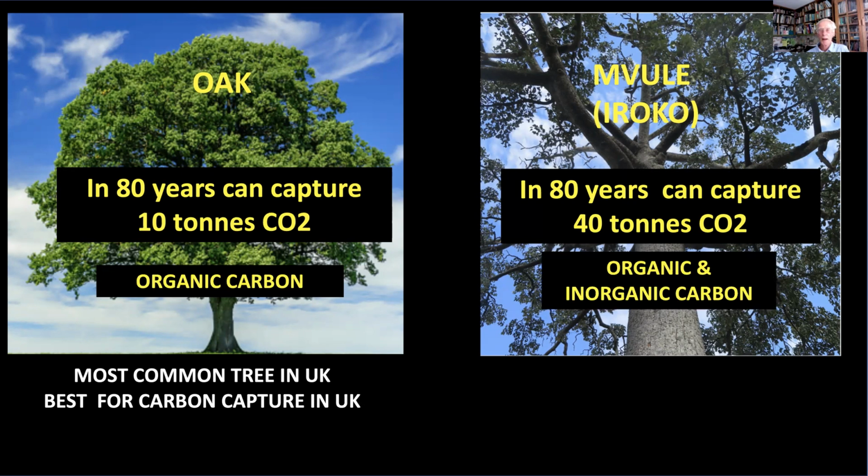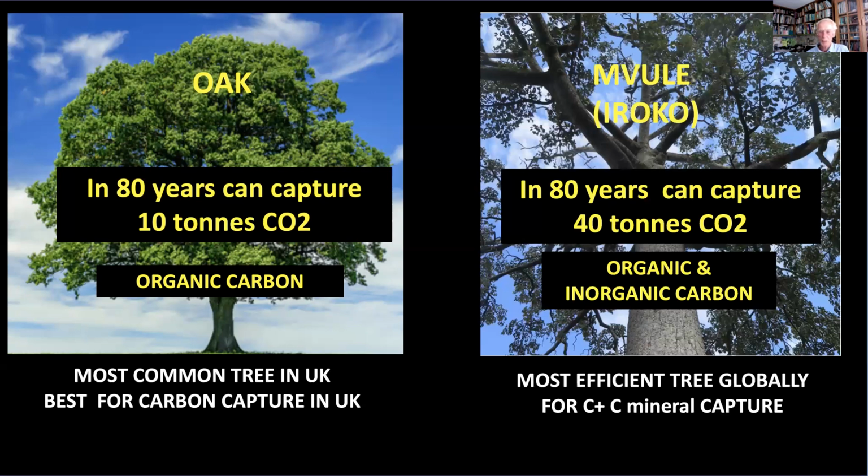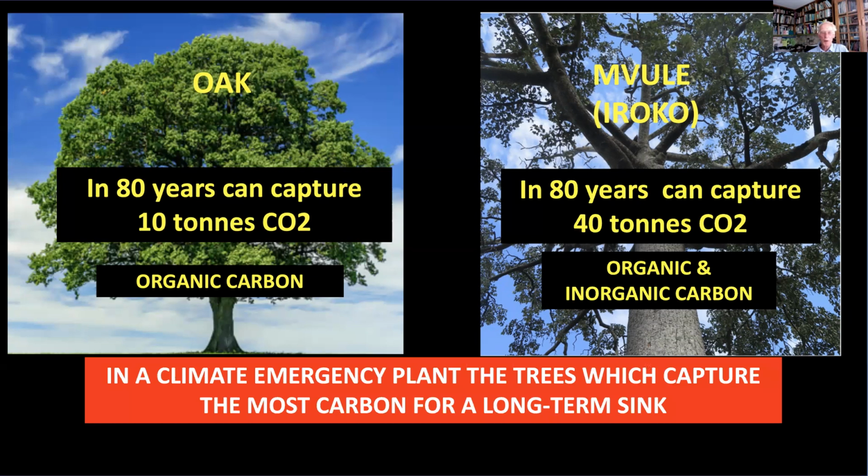And not only that, it's not only organic, but it's inorganic carbon which is captured, which is very, very significant. It's the most efficient tree globally for carbon and carbon mineral capture. Carbon mineral meaning basically calcite, calcium carbonate. So in a climate emergency, we plant the trees which capture the most carbon for a long-term sink.